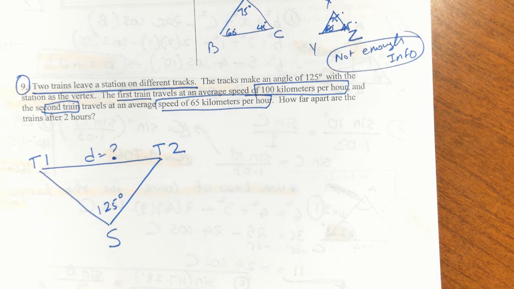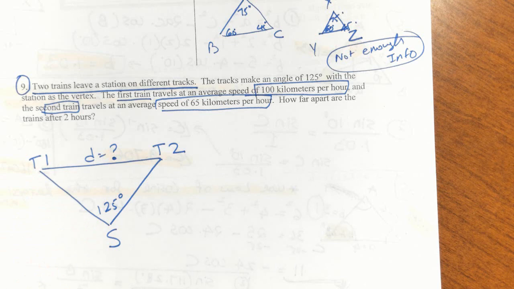Okay, we have to be a little careful about reading. So I quickly drew a rough sketch. Your sketch probably looks completely different, obviously our sketches cannot be the same. But basically, I drew the two trains, T1 and T2, and I'm calling the station S. It tells me that the two tracks make an angle of 125 degrees at the station, because these are the tracks for the trains to go to the station.